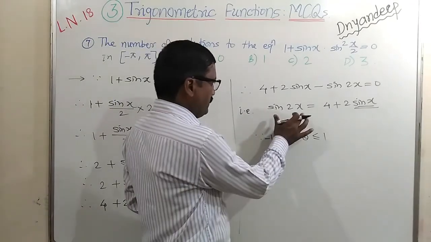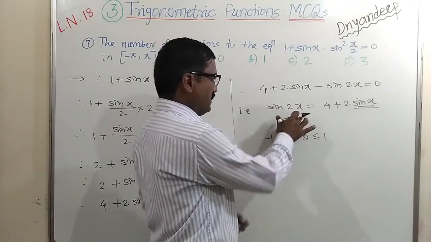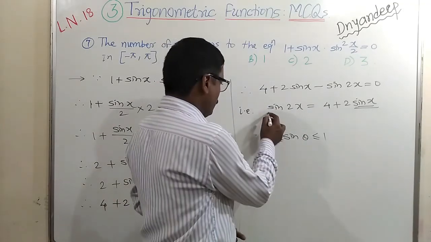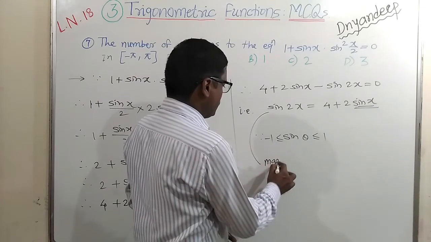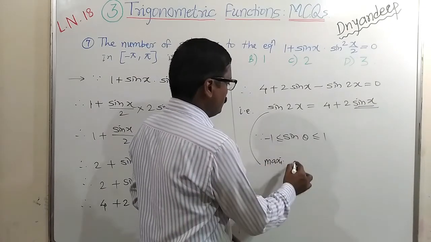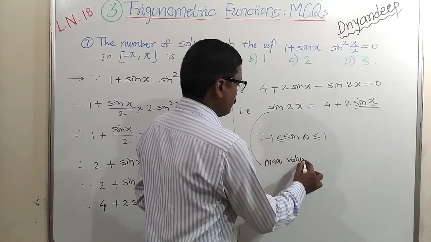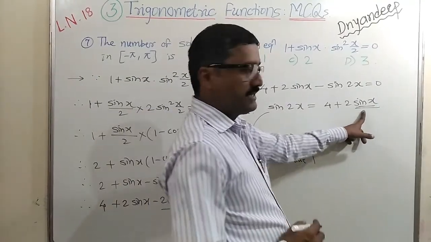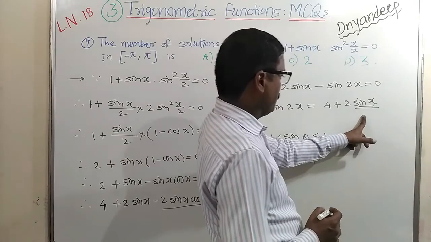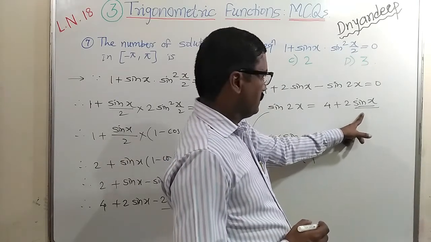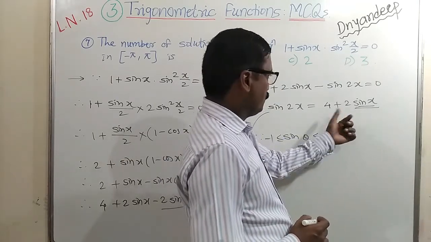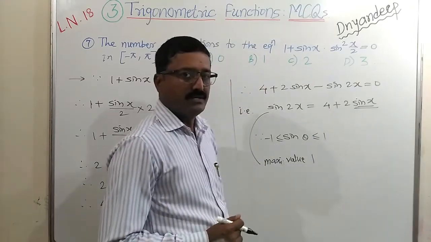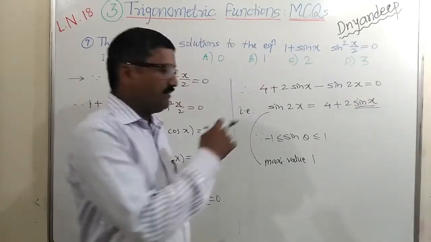So the minimum value for sin 2x will be minus 1 and maximum value will be 1. On the right side, when sin x has maximum value 1, we get 4 + 2 = 6. So the maximum value of RHS will be 6. The maximum value does not match.